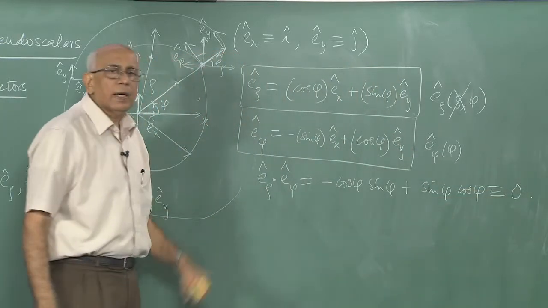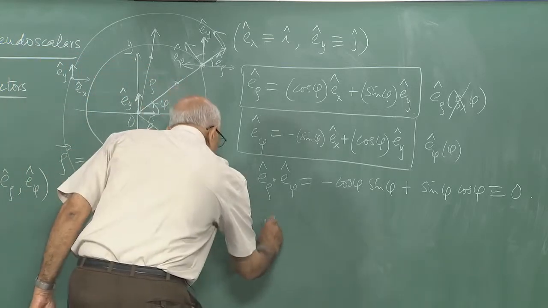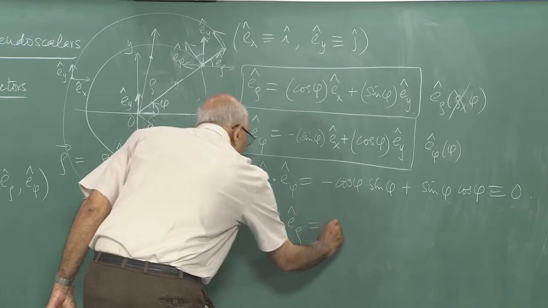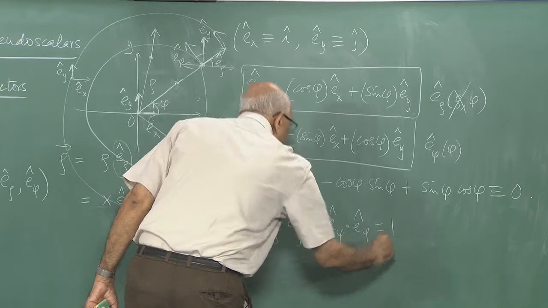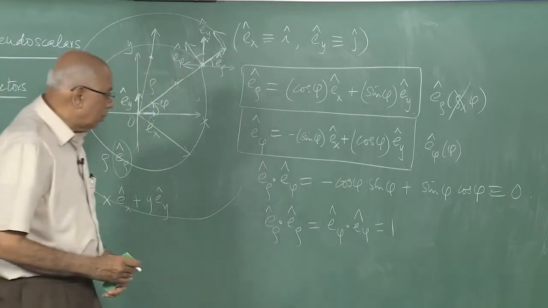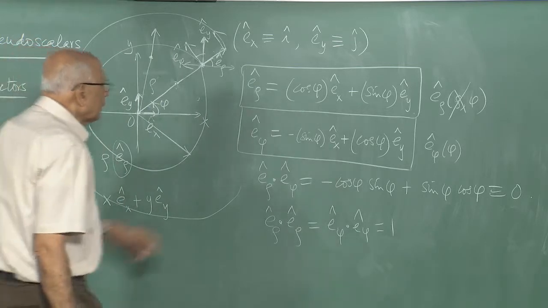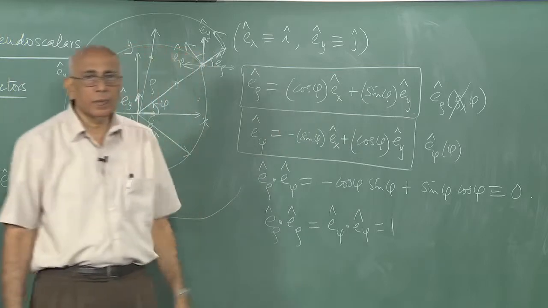So they are indeed at right angles to each other. Okay. And it is equally straightforward to see that E rho dot E rho equals E phi dot E phi equals 1. It has to be so, because the length of this unit vector is of course 1 by definition, and that follows from the fact that cos squared phi plus sin squared phi is 1 immediately.